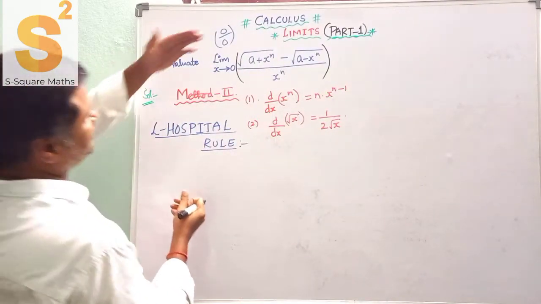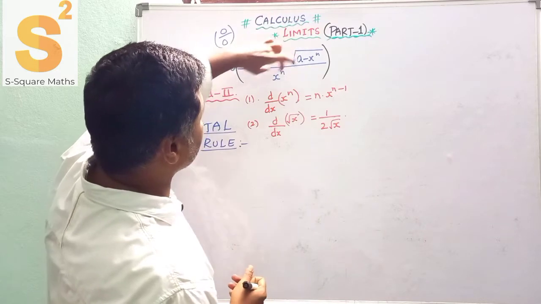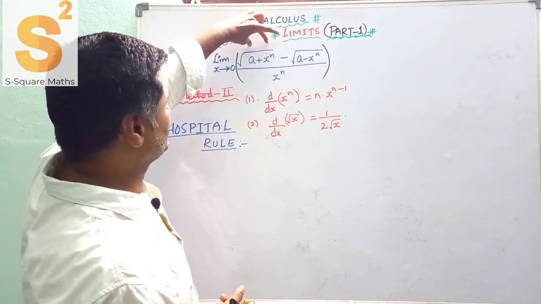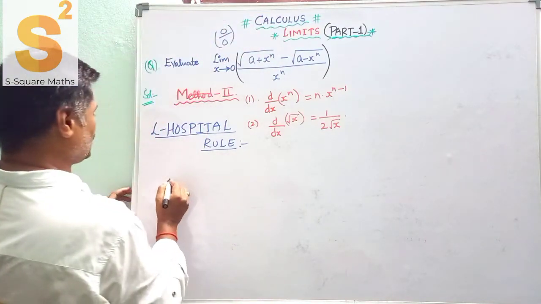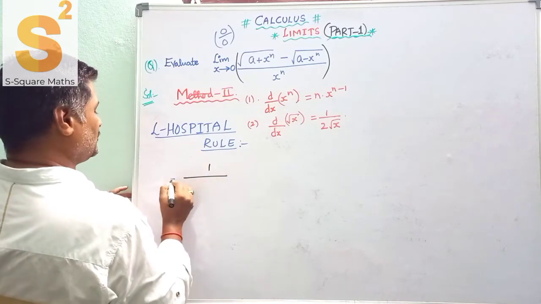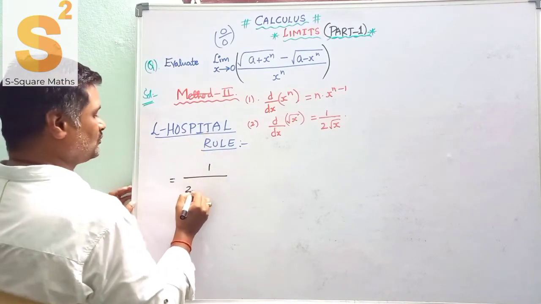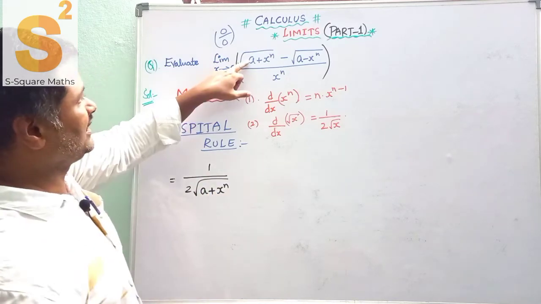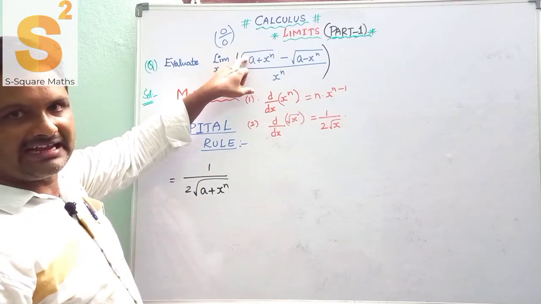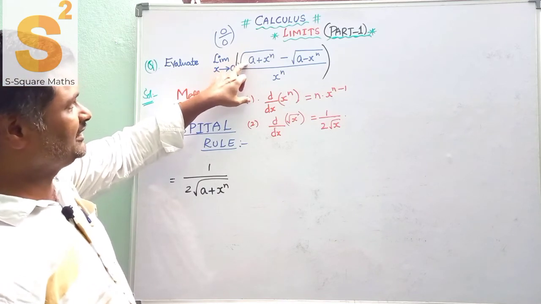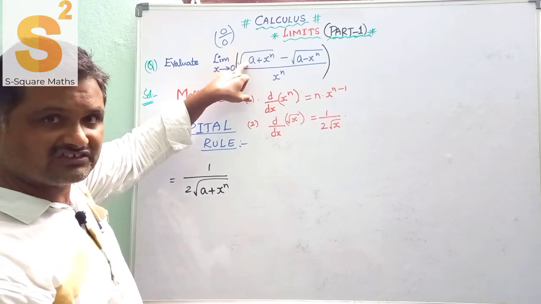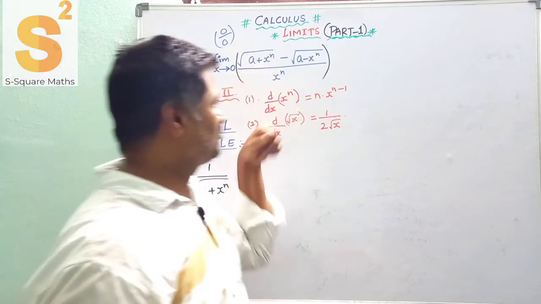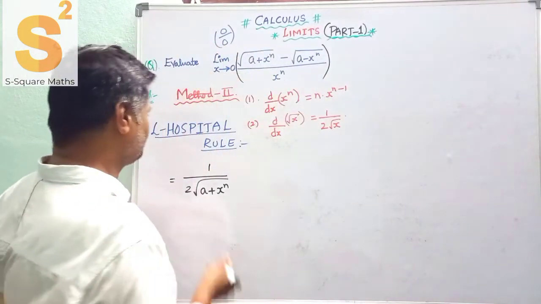So differentiate separately the two terms in the numerator and the one term in the denominator. So this is in the form of root x, so 1 by 2 root x. So I am going to do the L'Hospital rule: 1 by 2 root of (a plus x power n). Again we have to do differentiation inside the bracket: a is a constant, the derivative of a constant is 0, and the derivative of x power n is n into x power n minus 1.